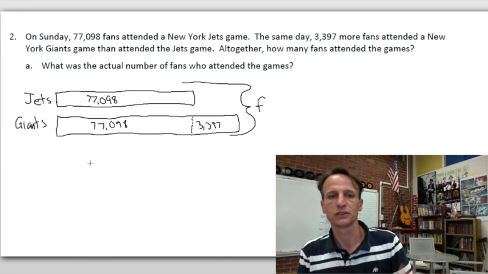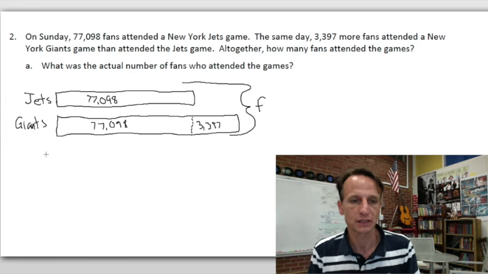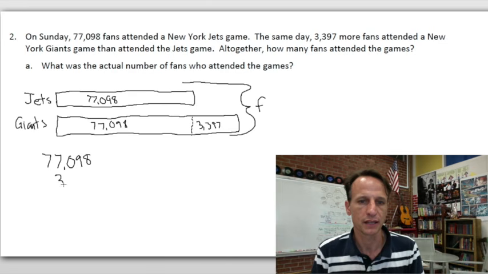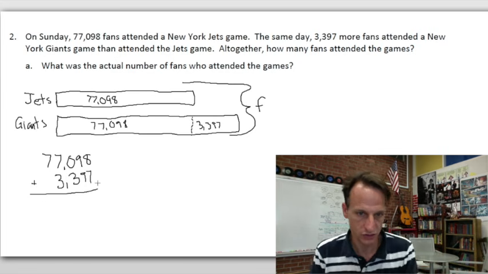Then we could put Giants and Jets together. Okay, great. And we are looking for actual here, so we are not estimating. So we're going to take exactly what we see in that tape there, the 77,098 at the Jets game, and the Giants had 3,397 more. And we need to put those together to find a total for the Giants.